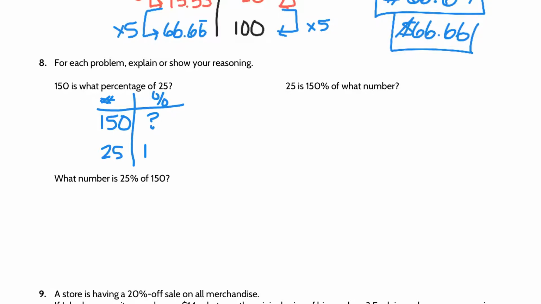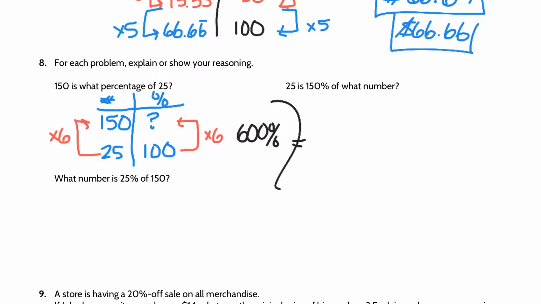Well, 25 is our 100% number. And so now we can ask ourselves, can I multiply something by 25 to get to 150? Sure, multiply by 6. And so then take 100 times 6 and you get a solution of 600%. 150 is 600% of 25.